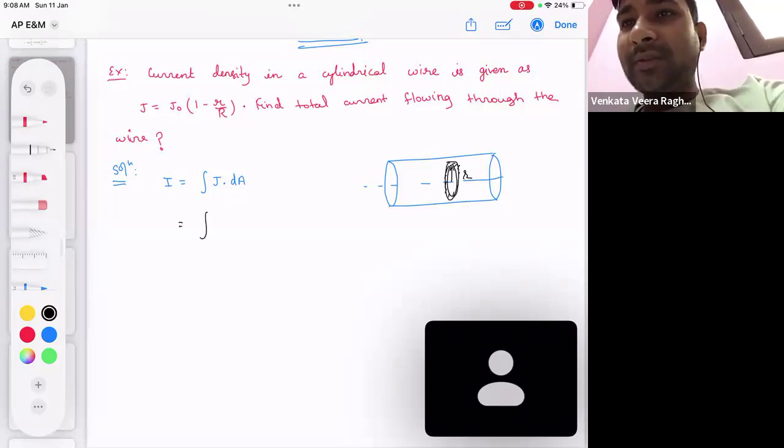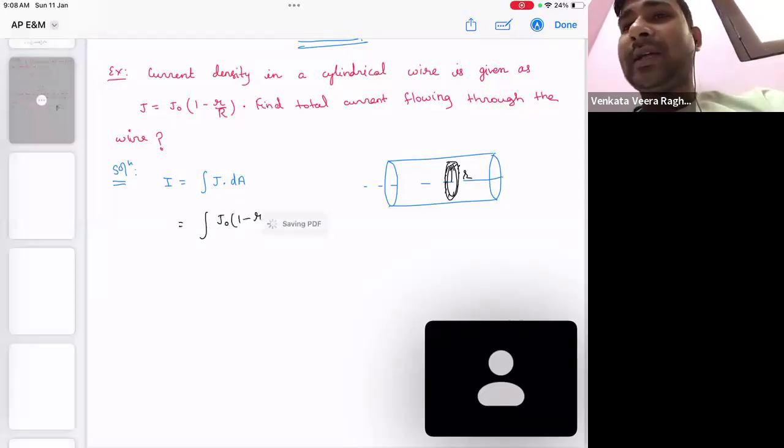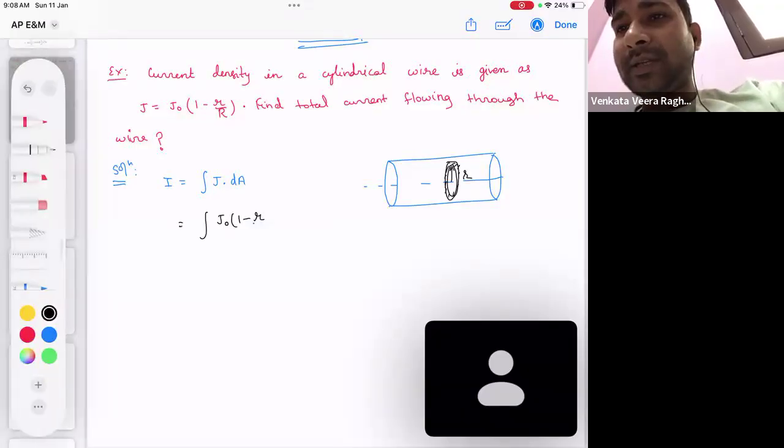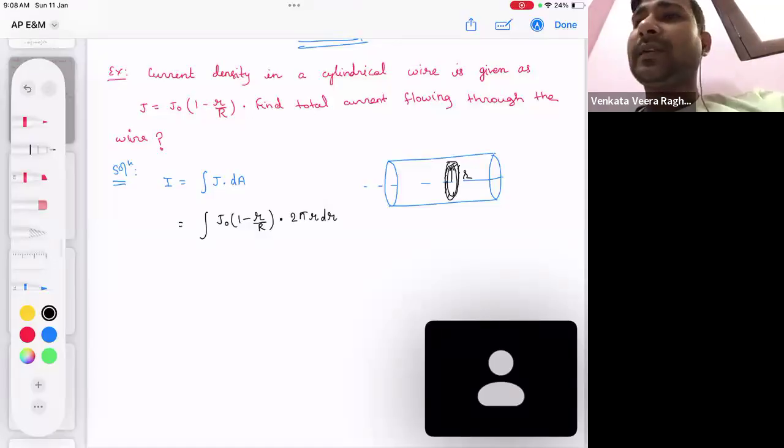The current density is J naught into 1 minus small r by capital R, as given in the question, and the small area through which we are calculating is going to be 2 pi r dr.